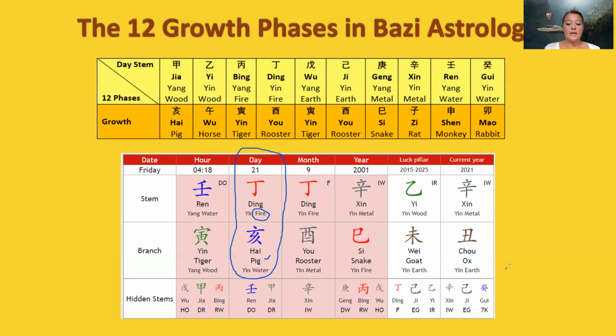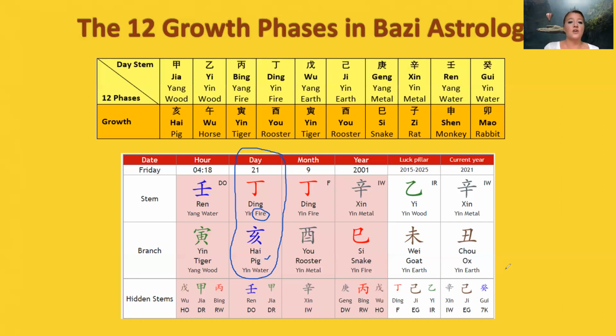You may not be the leader as such, you may not be the top shot, the biggest one in the company, but you can be the second in command. And in that capacity, you will have a very smooth career, a smooth life. So this is also something that is hidden in those growth phases.